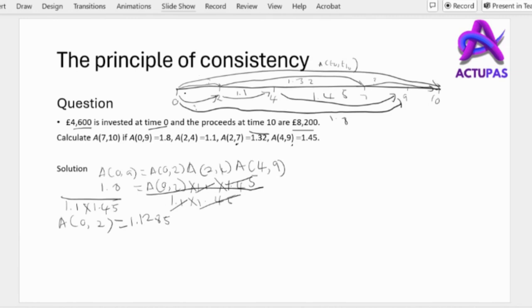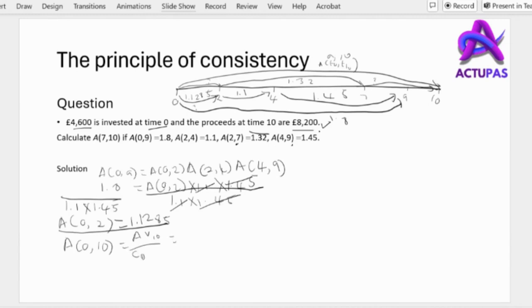And from this, we can calculate a 0 to 10. From our initial formulas, we know that a 0 to 10 is equal to the accumulated value at time 10 over the capital at time 0.